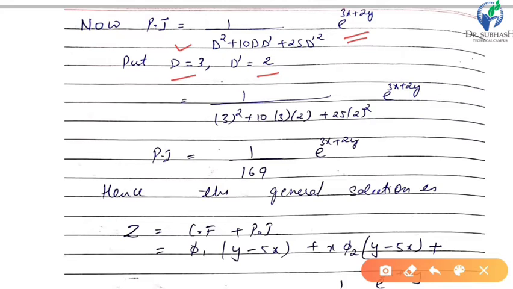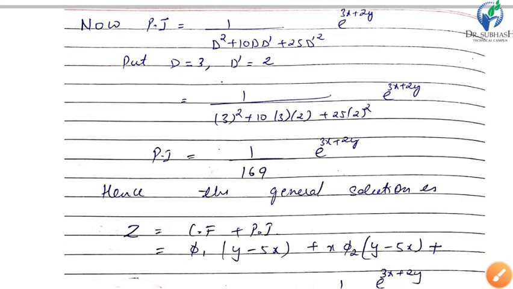We substitute this and first see whether it becomes 0 or not. The denominator is not 0, so we get our answer directly. Putting 3 for D and 2 for D dash, on solving I get PI equal to 1 upon 169 e raised to 3x plus 2y. This is our particular integral, and there are no leftover terms of D and D dash.